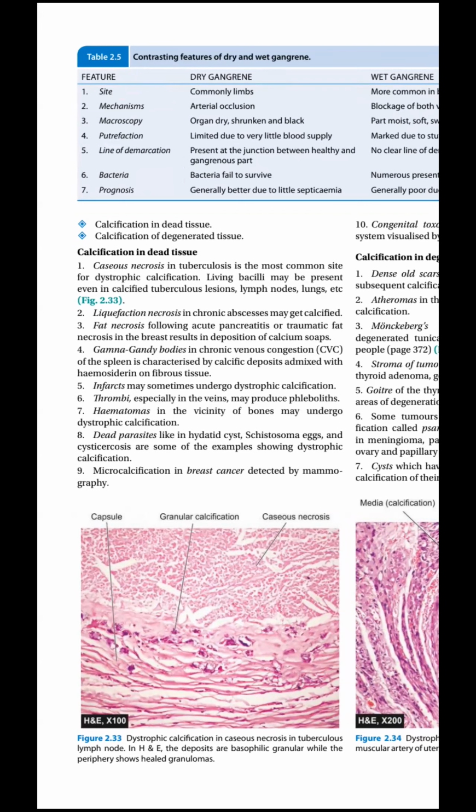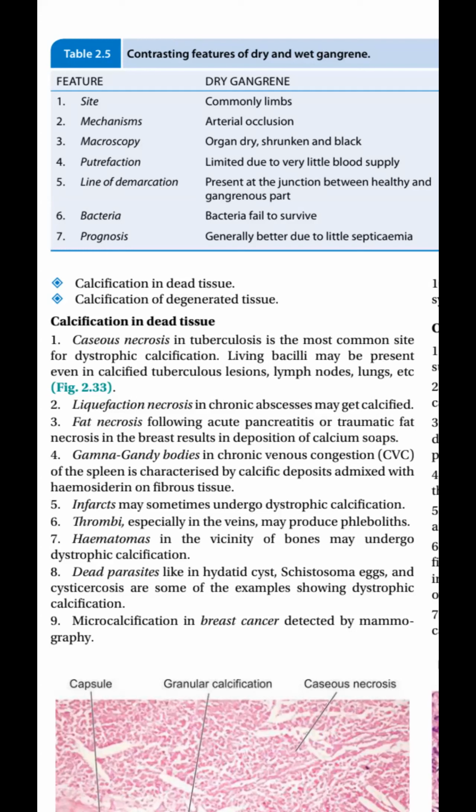The other is liquefaction necrosis in chronic abscess. Liquefaction we know when there is wet or mucus formation, around the organ or where there is a lot of mucus, there we can see this kind of necrosis. Liquefaction necrosis is seen in chronic abscess and may get calcified. The third is fat necrosis following acute pancreatitis.